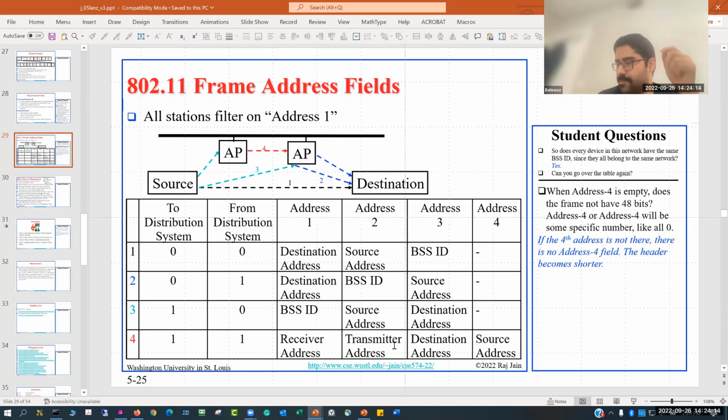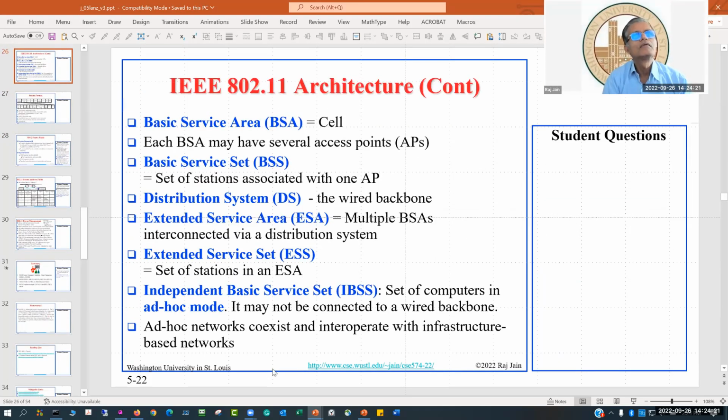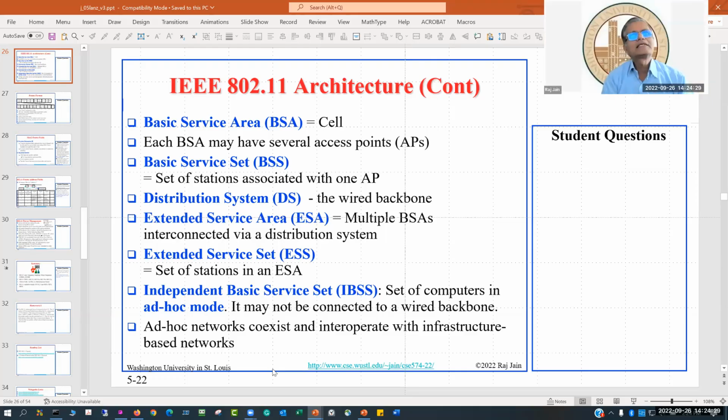So could you bring up slide 22? So the definition is a set of stations associated with one access point. That is a basic service set. See, the SSID belongs to the ESS.